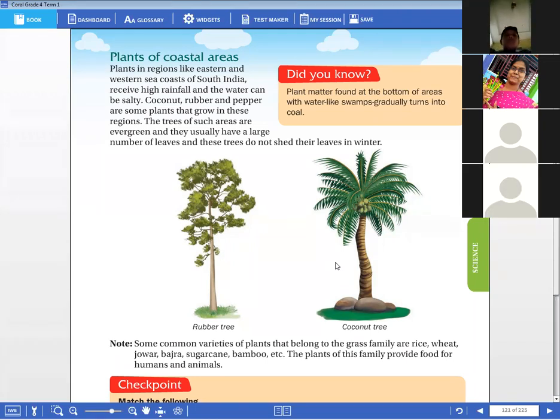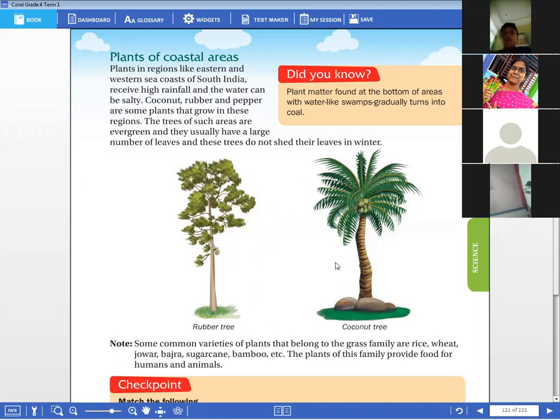The seashore receives heavy rainfall because the sea is just beside them. In that rainfall, the water can be a little bit salty. The water which falls in the form of rain contains a little bit of salt because it is a coastal area nearby the seashores.